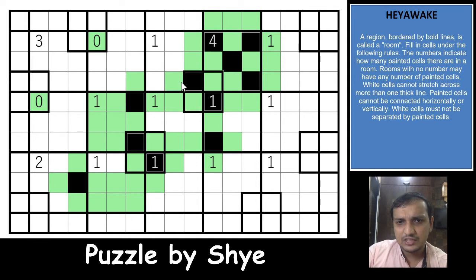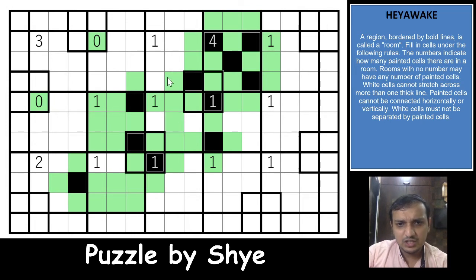It shades this cell as well because of the thick border rule again. If this is unshaded, you'll have white cells crossing more than 1 thick border, so that is shaded here. Okay, now that gives you a very good logic here.